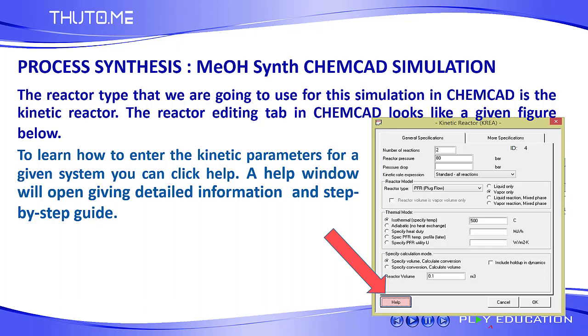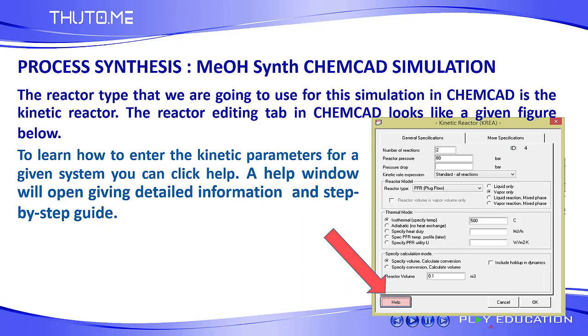The reactor type that we are going to use for this simulation in Chemcad is the kinetic reactor. The reactor editing tab in Chemcad, once you have added the reactor and you click on it, will look something like this. To learn how to enter the kinetic parameters for a given system, you can click help in Chemcad, and then the help window will pop up giving you detailed information and a step-by-step guide on what is required of you.